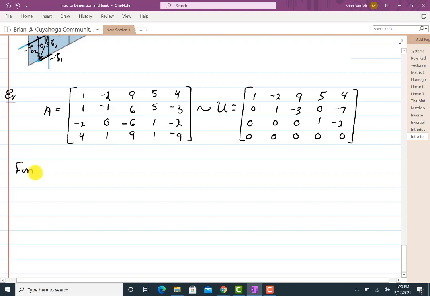I want to find bases for Col A and Null A.